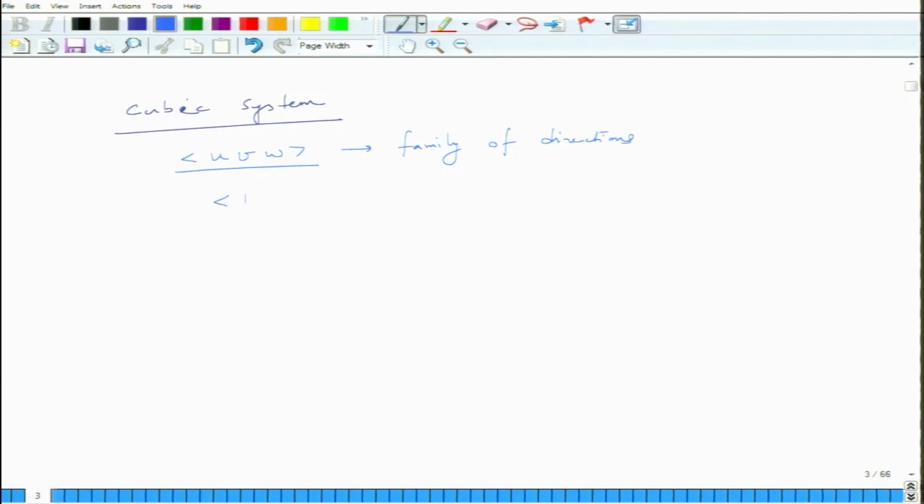So 100 would mean 100, 010, 001 and bar 100, 0 bar 10 and so on, taking the negatives into account.